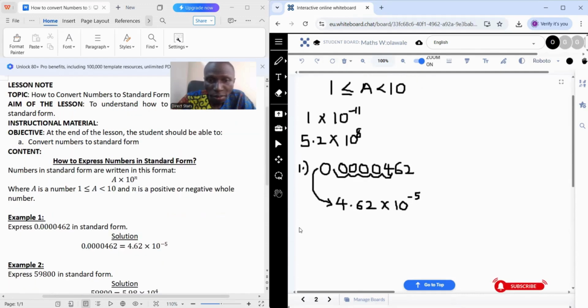Example 2. We have to express 59,800 in standard form. Just like what we did in example 1, the first thing I'm going to do here is to write the first number. The first number here is going to be 5.98, as it is less than 10.